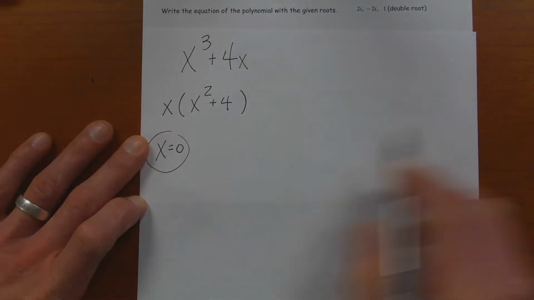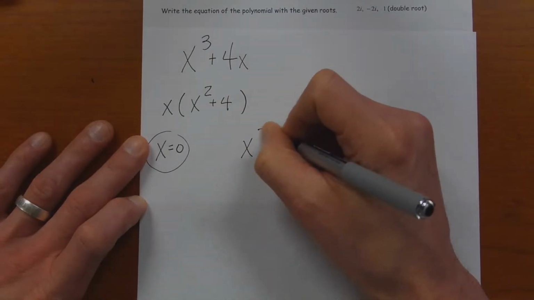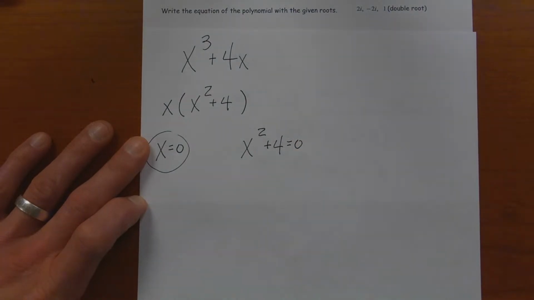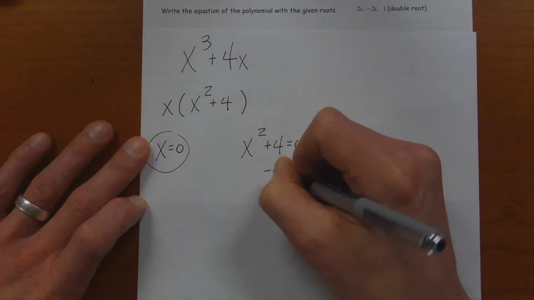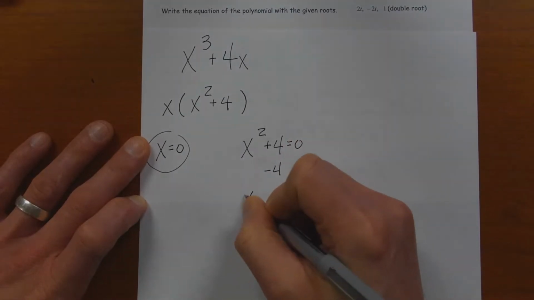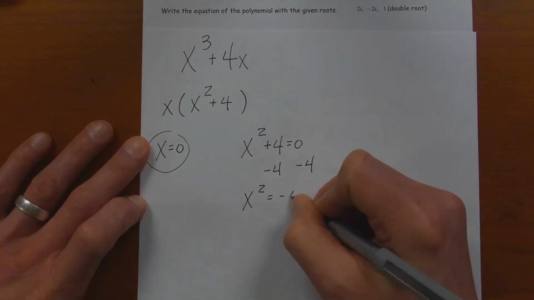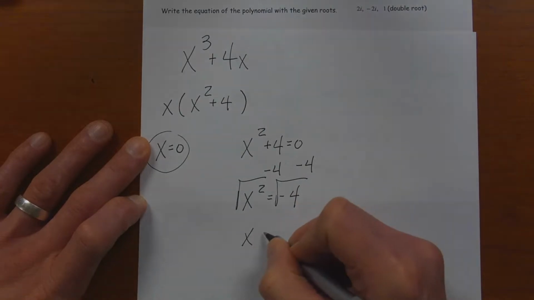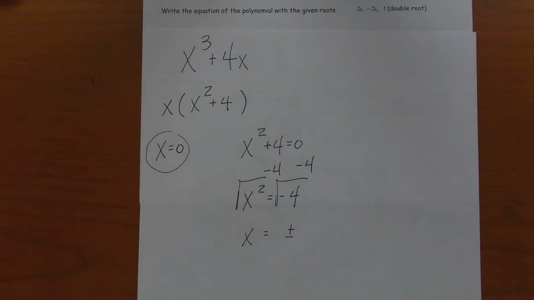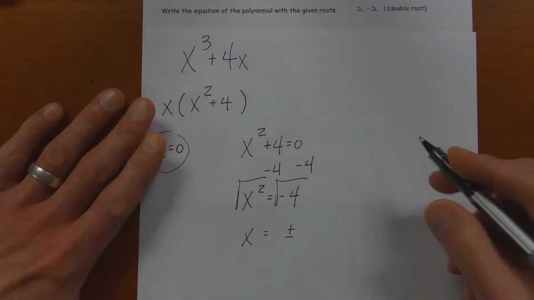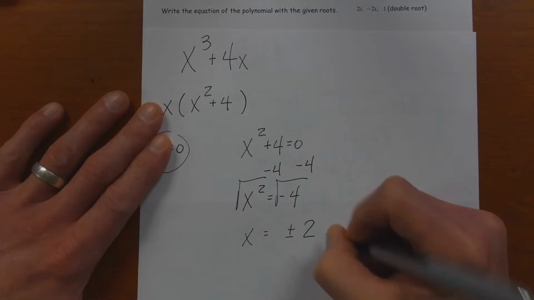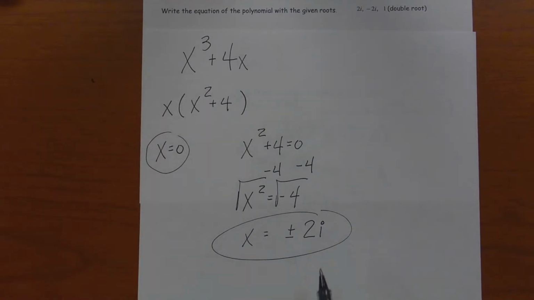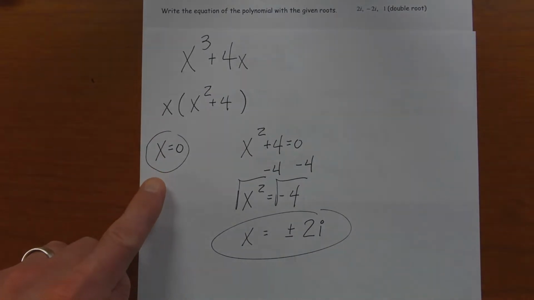So we found one of our roots. x squared plus 4, if we set that equal to 0 and solve, it cannot be factored, but we can use the square root method. We can subtract 4 from both sides. Then take the square root of both sides. x equals plus or minus, don't forget your plus or minus symbol. Now remember, the square root of positive 4 is 2, but the square root of negative 4 is 2i. So we've now found all the roots. 2 of them are imaginary, and 1 of them is real.